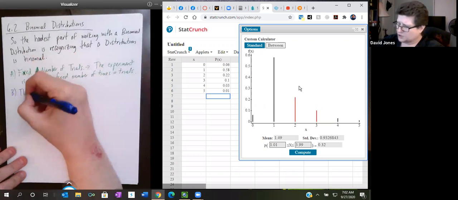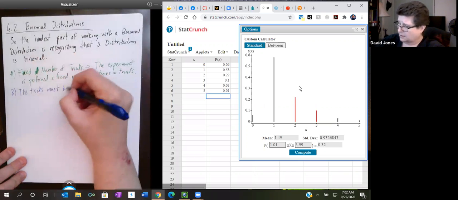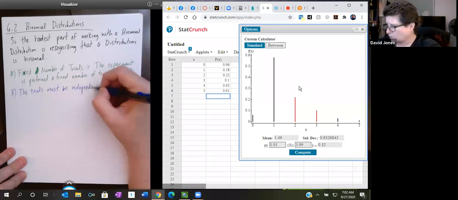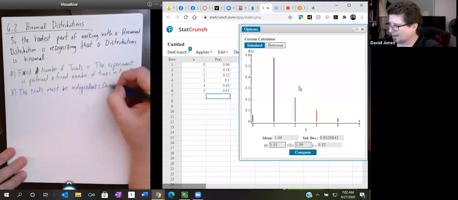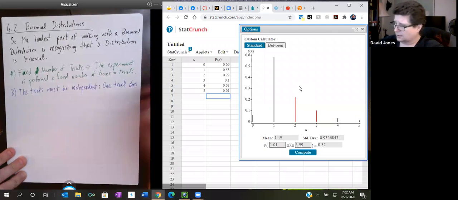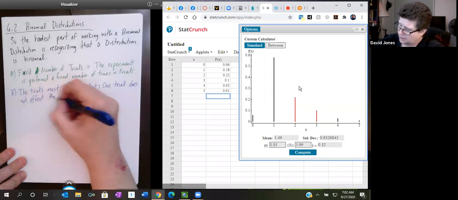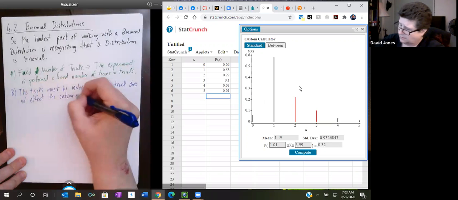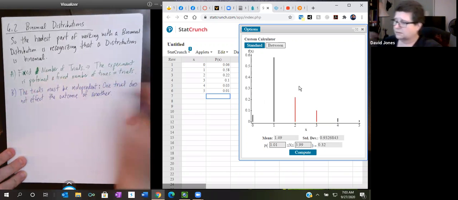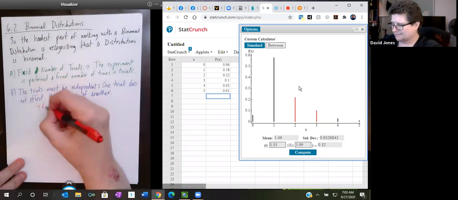The second one is the trials must be independent, which means one trial does not affect the outcome of another. So rolling dice works.